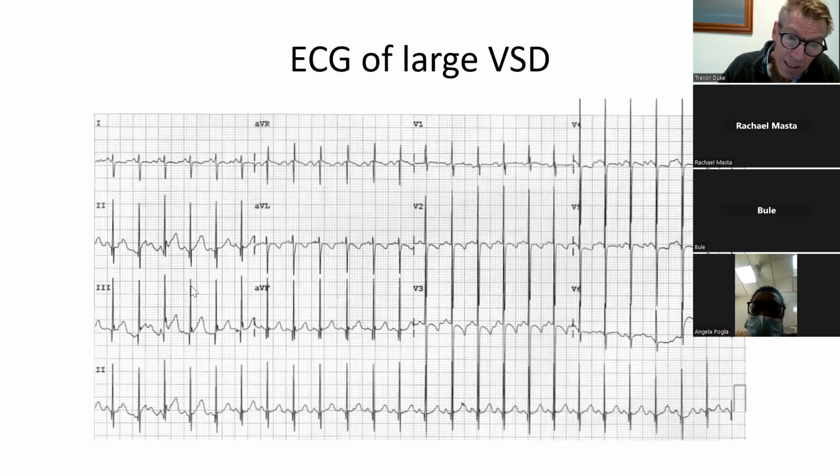The heart rate is about, what have we got? 2 large squares, so the heart rate's about 150 per minute. The axis, remember we said it's the net deflection in lead 1 and the net deflection in lead aVF.